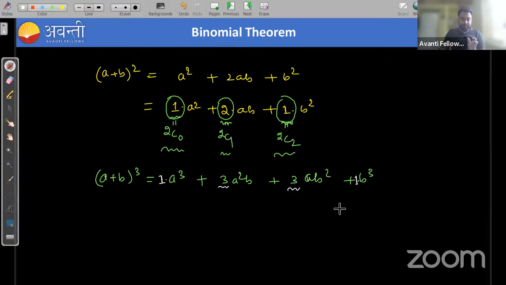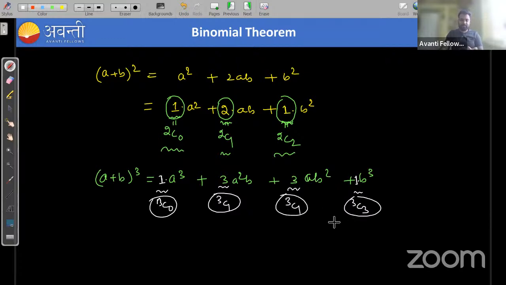So 1 is 3c0, 3 is 3c1, the other 3 is also 3c2, and the last is 3c3. In this way we can represent all the binomial coefficients.